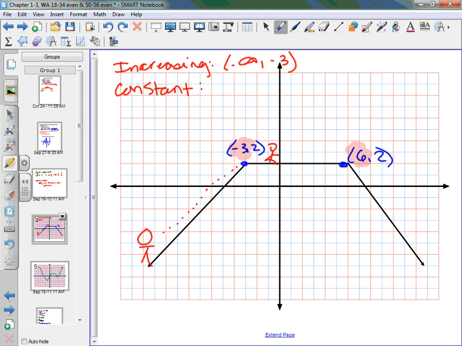When it hits the x value, 6, right? So from negative 3 to 6, it's constant. Now understand, are these points or intervals? They're intervals, okay? Then what happens once I get to 6 there? I start decreasing, starting at 6 to where?